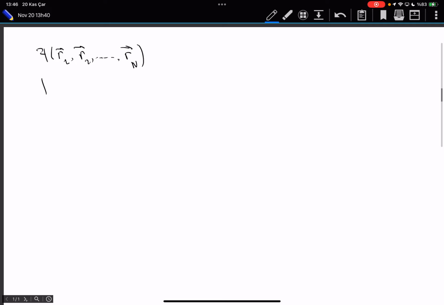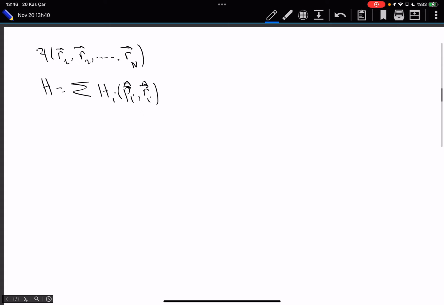And we have a simple solution for this many particle system when, for example, we don't have any interactions between the particles. Then the Hamiltonian of the system will be just the sum of Hamiltonians of individual particles. Of course, these are now operators.